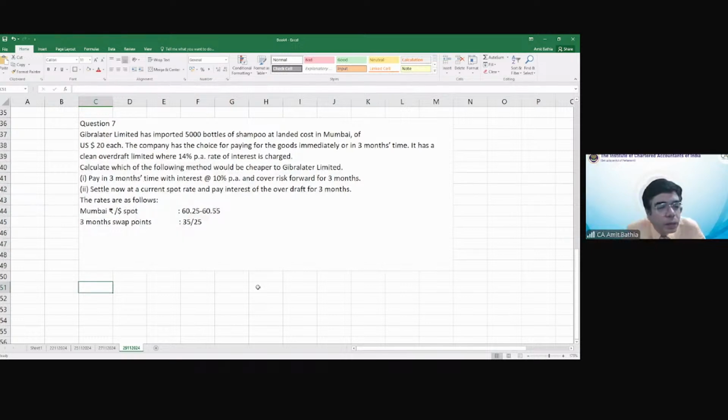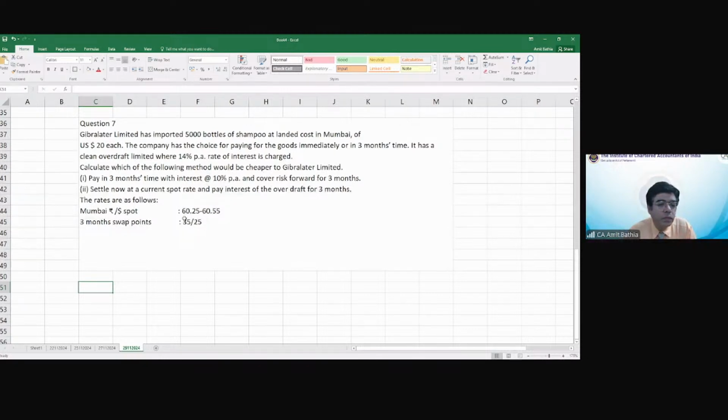All right. So here, your rates are as follows. You are given Mumbai rupee to dollar spot as 60.25 to 60.55, and 3 month swap points are given to you as 35/25. Now tell me, this particular 3 month swap points, is it premium or discount? Discount. Why is it at discount?